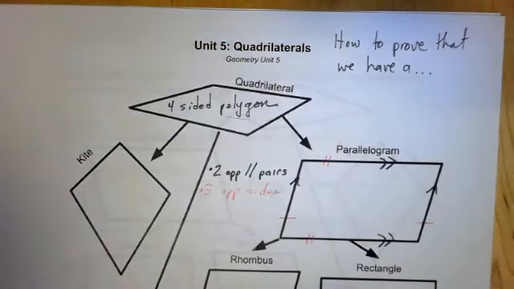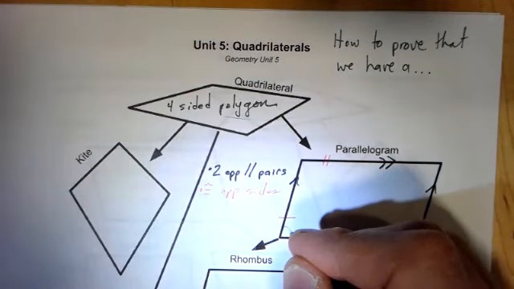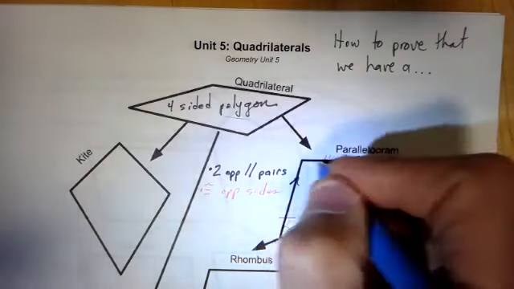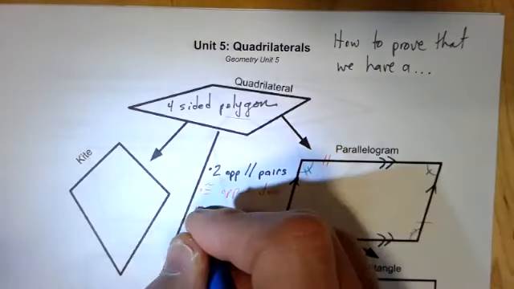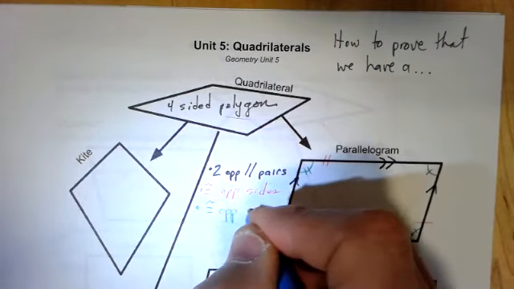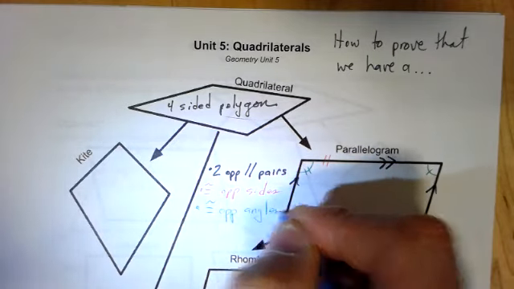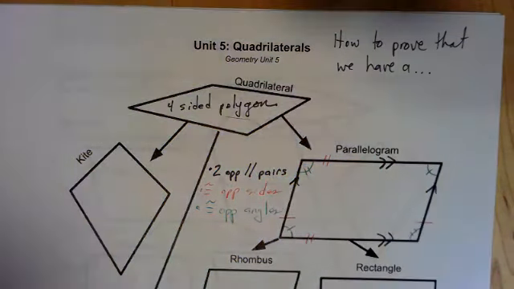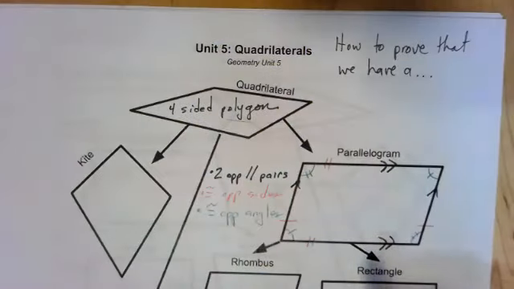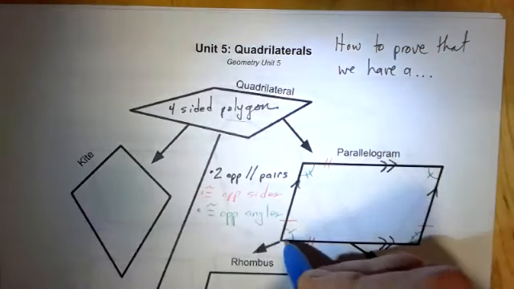Our third way that we can prove we have a parallelogram is opposite congruent angles. Okay. And then our fourth way that we can prove we have a parallelogram is that we have diagonals that bisect each other.